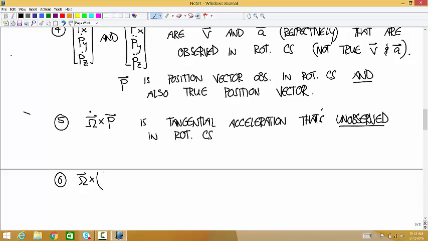Capital omega cross quantity, capital omega cross p, is the centripetal acceleration that's unobserved in the rotating coordinate system.